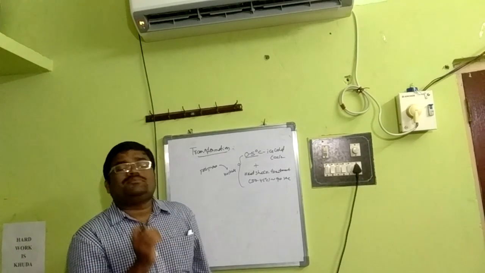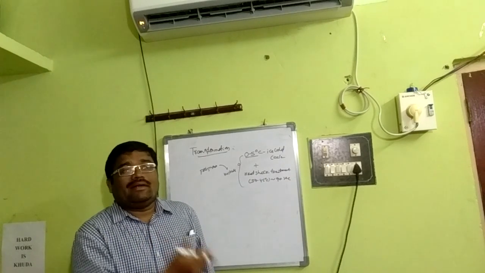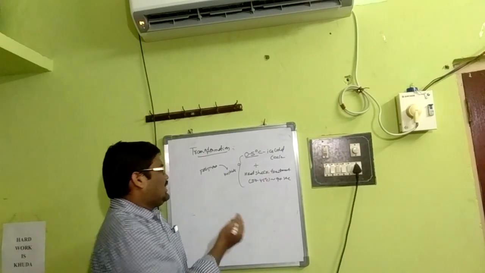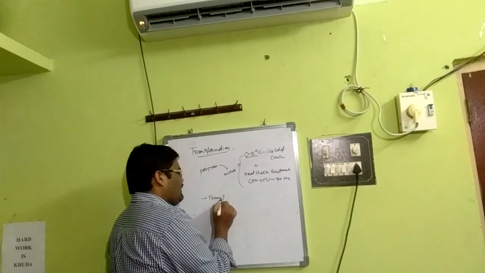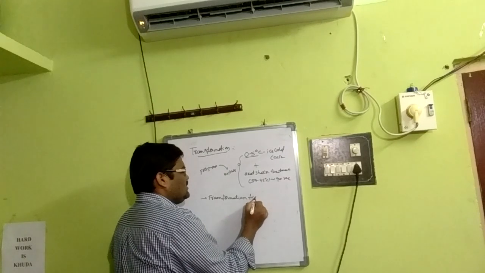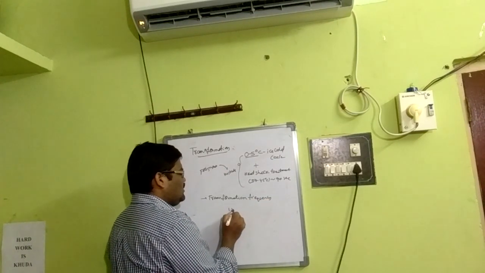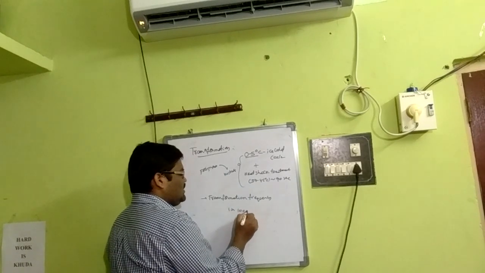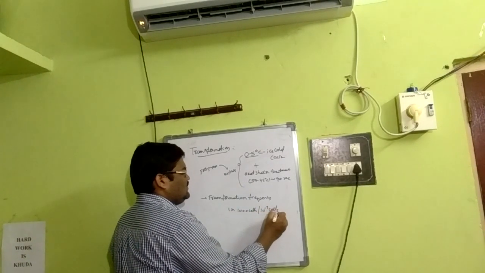The most important point of transformation is that it is reasonably better than other techniques in what we call transformation frequency. Say it is 1 in 1000 cells, that is 10 to the power of minus 3.